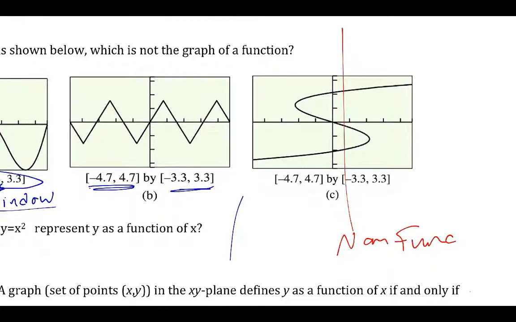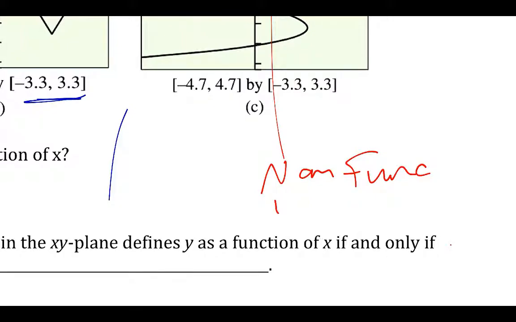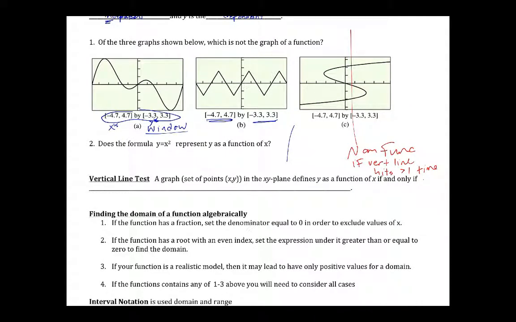A non-function: if a vertical line hits more than once. So we'll repeat this again. Vertical line hits more than once. Okay, so that's the non-function if the vertical line hits greater than one time. Old school stuff, right? You've seen this before. And it's right below us, the vertical line test.